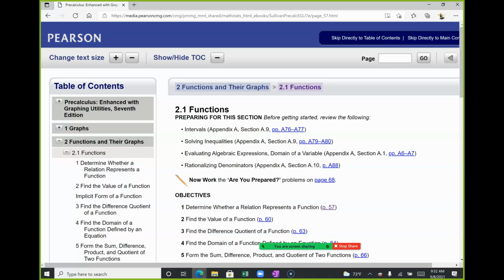The only reason I'm asking you to look at this is because there could be a couple of issues here in 2-1 that should be a review. If you took Math 50 here, or Algebra 2 in high school, you should be able to deal with interval notation. That's probably the one I'm most worried about.